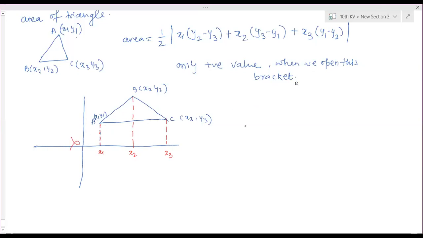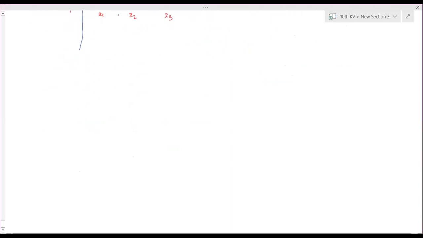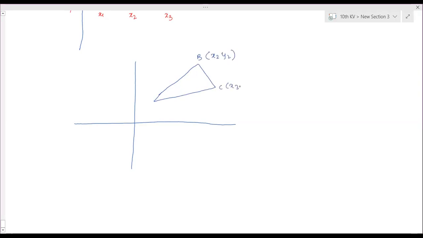Explaining will be somewhat difficult because A and C are taken in one straight line, and then they cannot have different coordinates. So B (x2, y2), C (x3, y3), A (x1, y1).